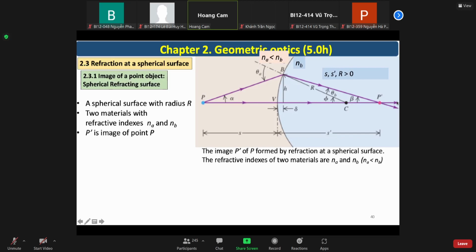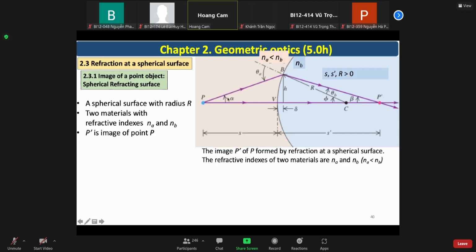The difference between refraction and reflection is that in refraction the outgoing rays and the incident rays are in two different media, and for reflection the outgoing rays are in the same medium as the incident rays. So here you have the first refracted, or transmitted, ray.